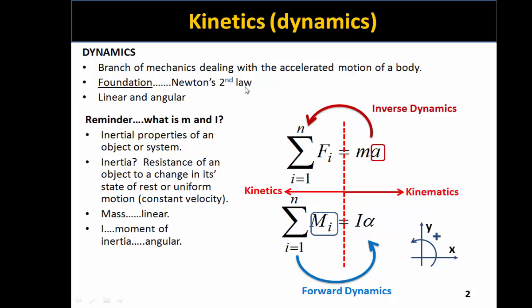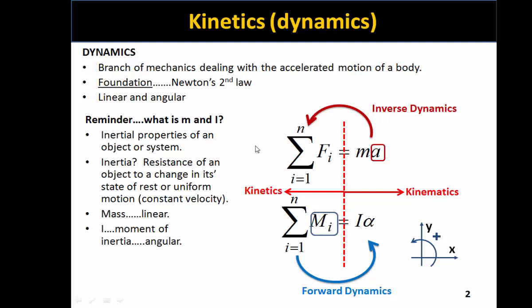We apply Newton's second law in both a linear and angular case, depending upon the system that we are examining. Key to this is to understand that mass is a measure of inertia in a linear sense, and I is the measure of inertia in the angular case.